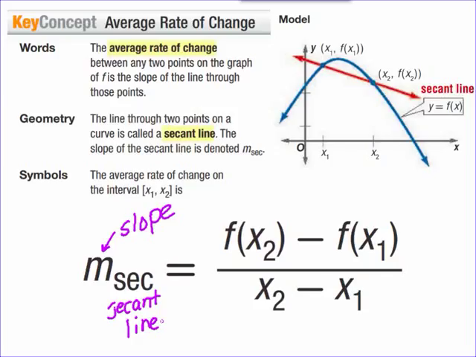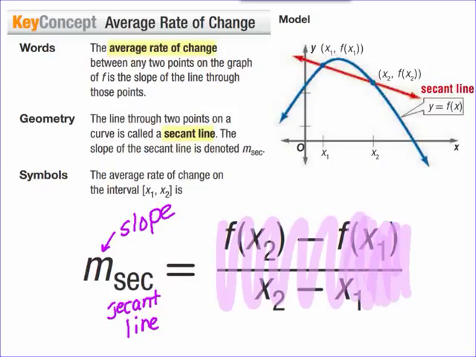Now, it's important to remember that, but I'm going to show you another way to use that formula. So this is kind of important. We want to make sure we get this down, and then we'll look at a few examples. So there you go, f of x2 minus f of x1 all over x2 minus x1. And this is the last thing we're going to cover today. We're going to look at a few problems, and then we'll be done.